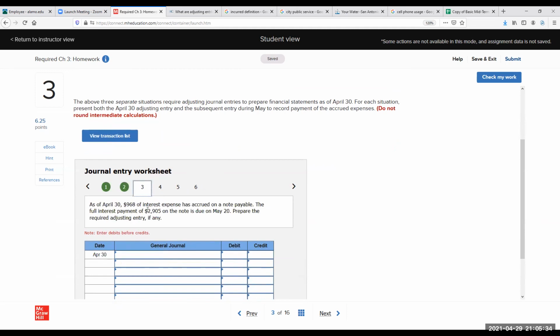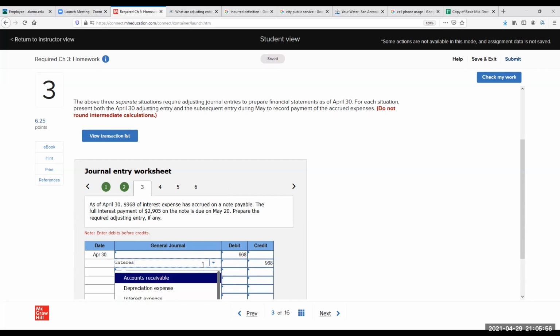As of April 30th, 968 of interest expense had accrued, which means you owe $968 on some money you borrowed. The full interest is not due till May 20th. Prepare the recording entry. So right there, you have to put that you owe this interest. It's interest payable.